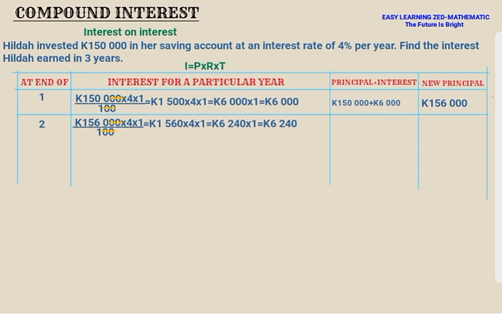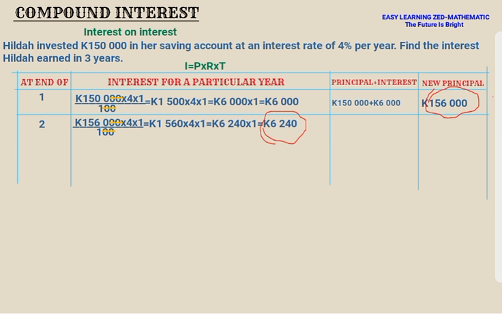Then what we're going to do now is find out how much money Hilda has in her account. So we're going to add the principal that we used in the second year plus the interest she gained. The principal she had at the beginning of the second year was 156,000 kwacha.